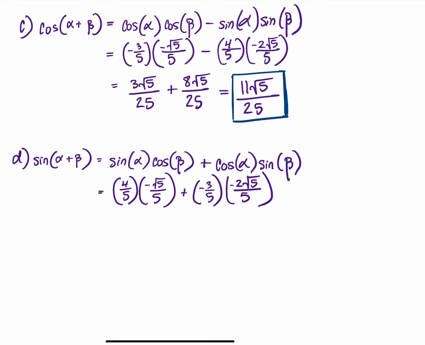All right, just double checking everything. Sine alpha, cosine beta. Cosine alpha, sine beta. Okay, everything looks good. So this will become negative 4 root 5 over 25 plus, and it'll stay positive because we have negative 3 times negative 2, so plus 6 root 5 over 25.